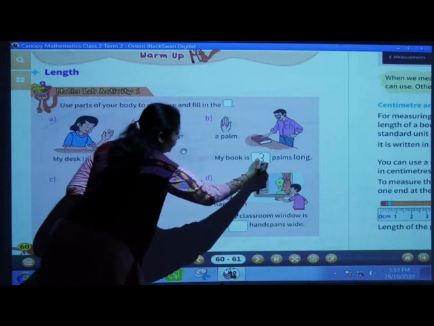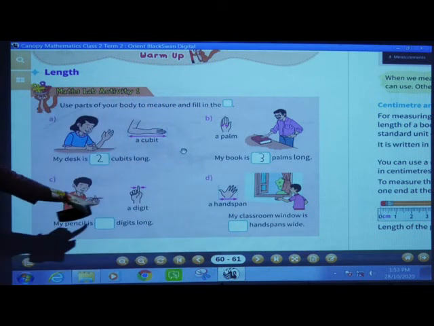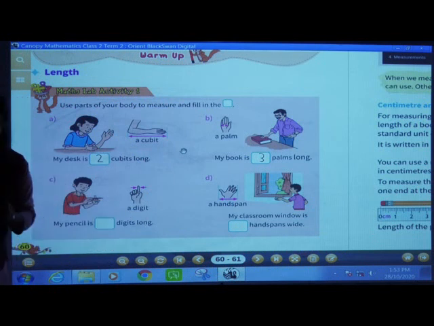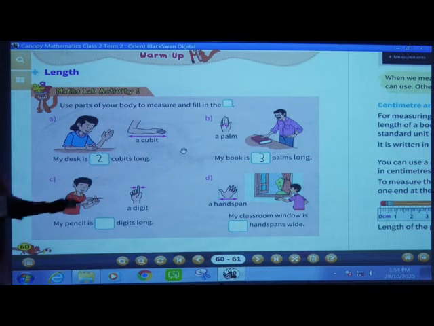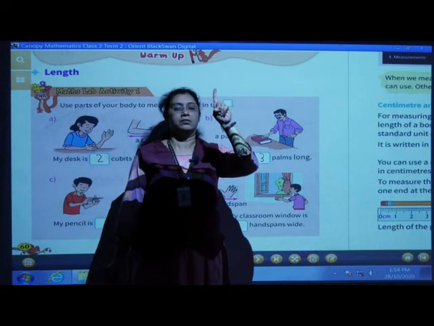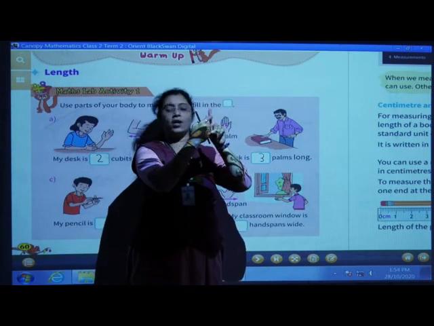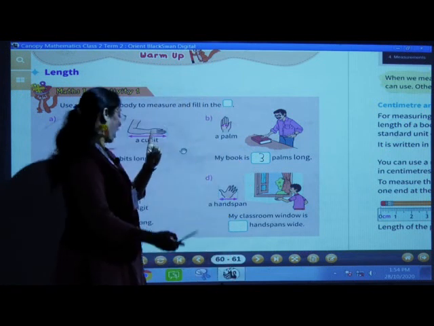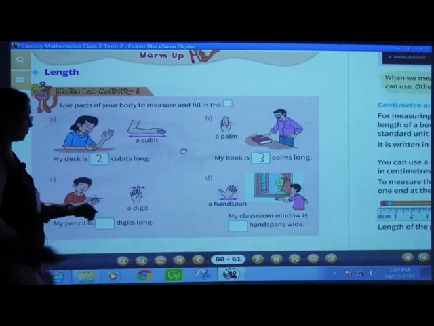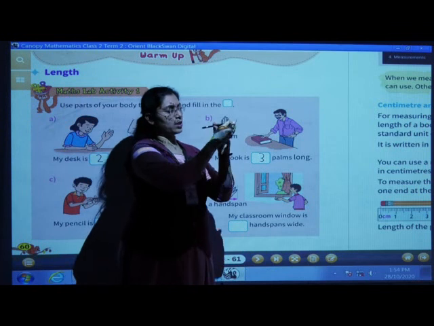Now third one, a digit. Digit means one finger. This is called digit. Now I will measure the pencil with my digit. How long is it?